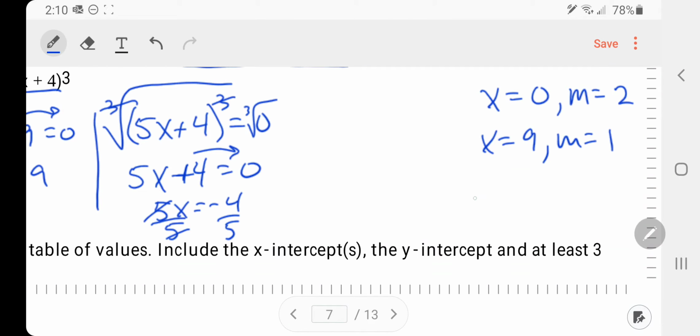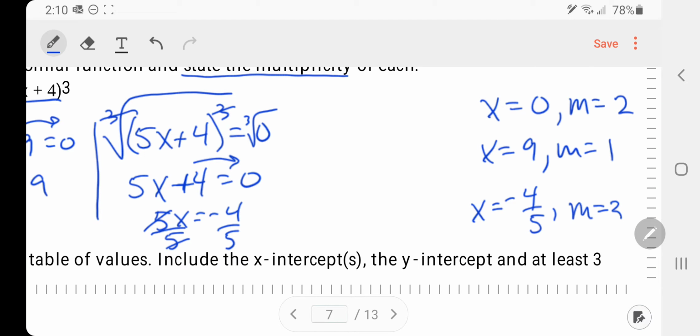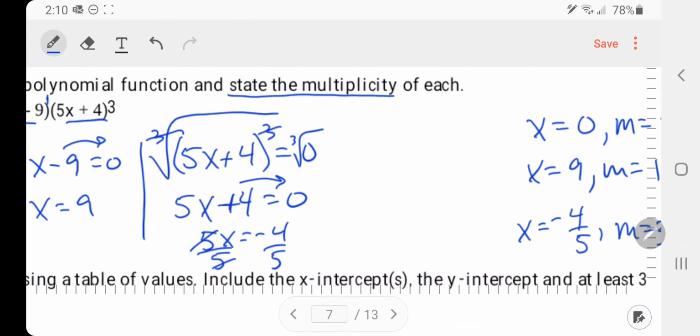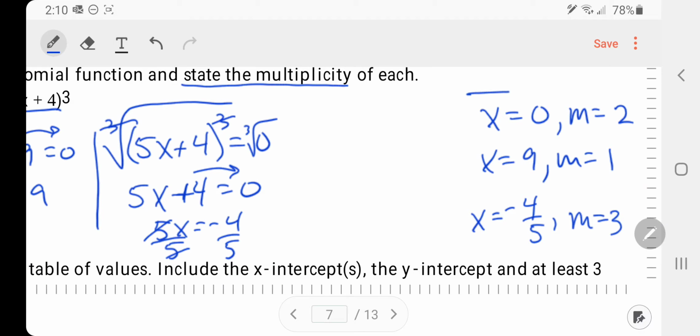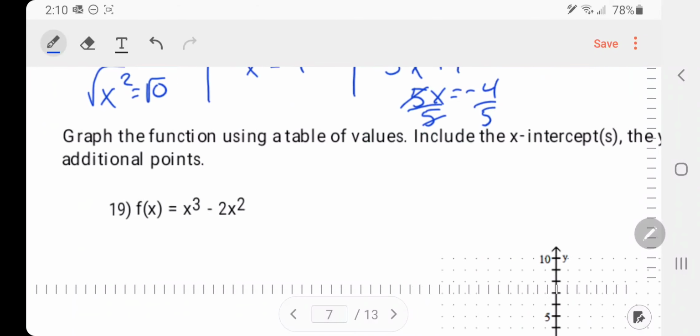So x is negative 4/5, multiplicity 3, because that was the exponent of the factor, and these are the zeros and their multiplicities.